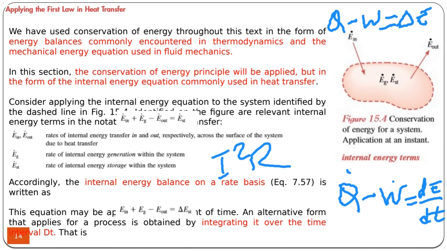There are many uranium rods in a nuclear reactor, and as they release neutrons, they generate energy. So we need to put another term here to account for the energy generation. This energy generation can also be added into this equation.